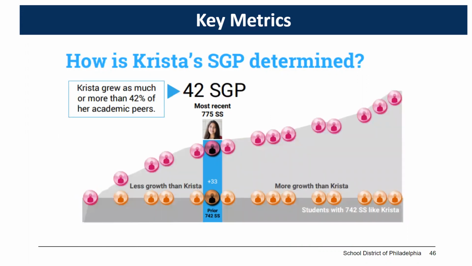This graph describes how much Krista grew relative to her peers. Krista grew as much or more than 42% of her academic peers. This means that Krista's SGP is a 42. 42% of Krista's academic peers grew less than 33 scale score points from the fall to the winter.